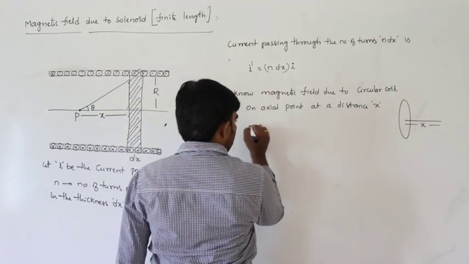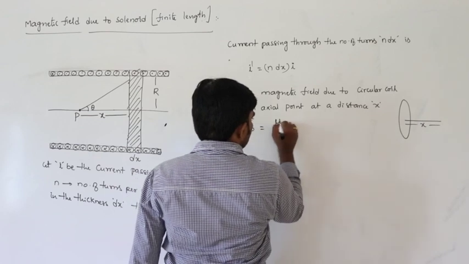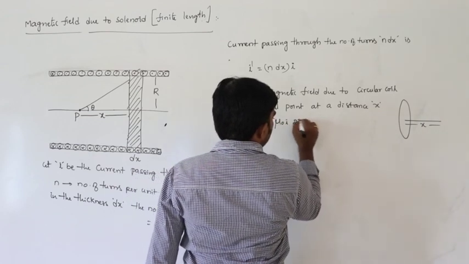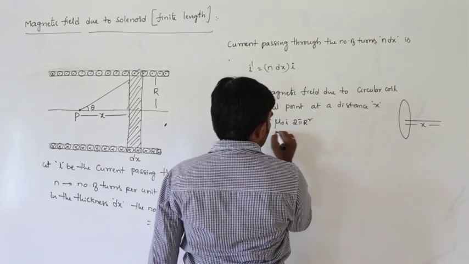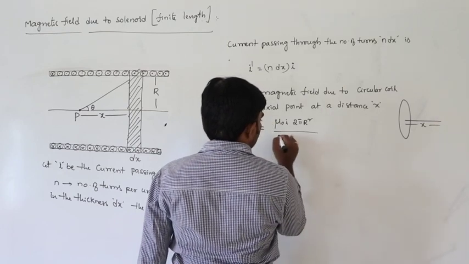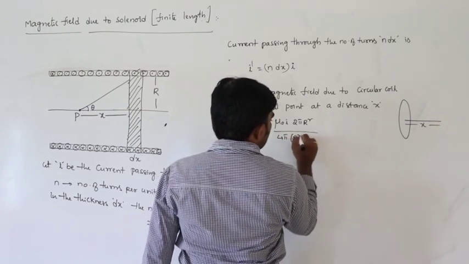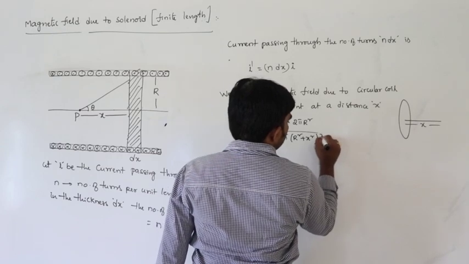We calculated it already: mu naught I 2 pi r square divided by 4 pi into (r square plus x square) whole power 3 by 2.